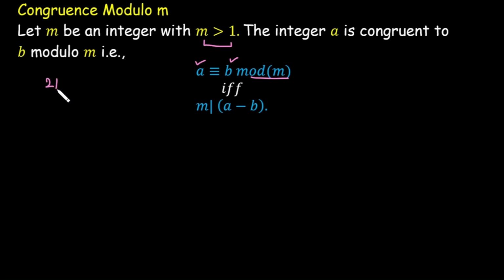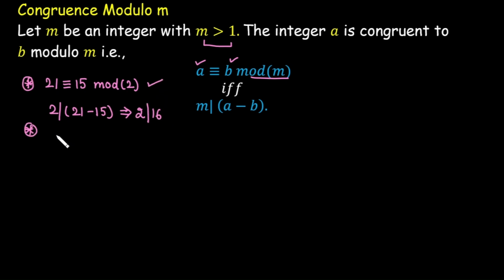If I write 21 is congruent to 15 mod 2, whether this is correct or not, it means we need to check whether 2 divides 21 minus 15. 21 minus 15 is 6. So this implies whether 2 divides 6, yes. It means this congruency is correct.